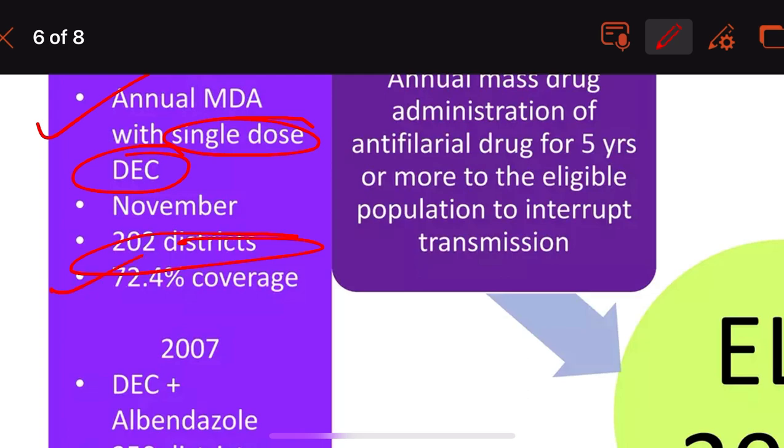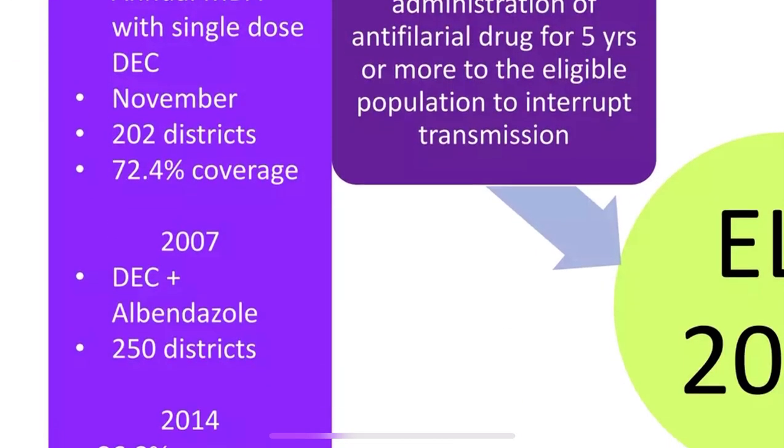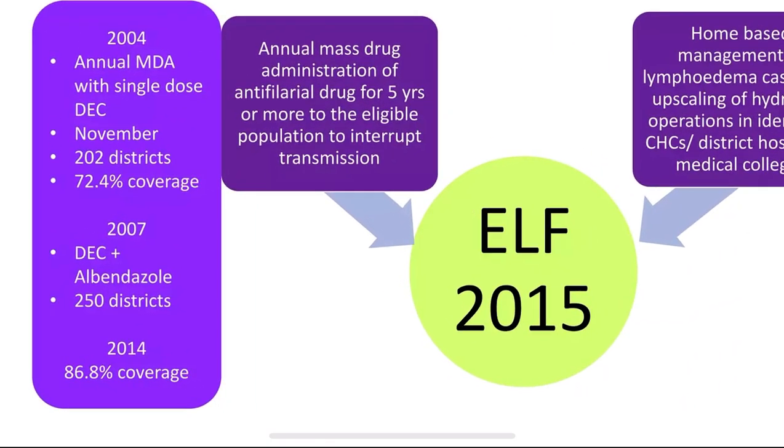In the year 2007, the co-administration was done. The co-administration of the DEC tablets and albendazole tablet has been updated since 2007, whereby about 250 lymphatic filariasis endemic districts were covered.